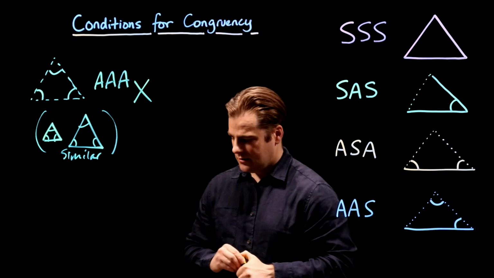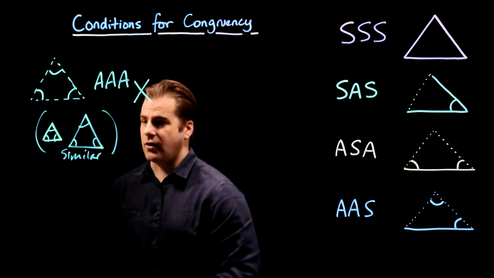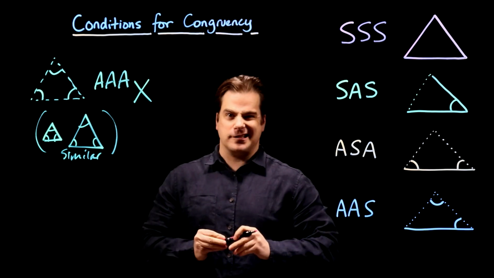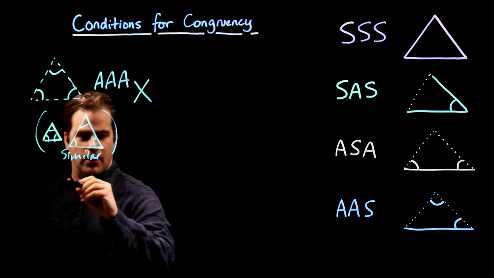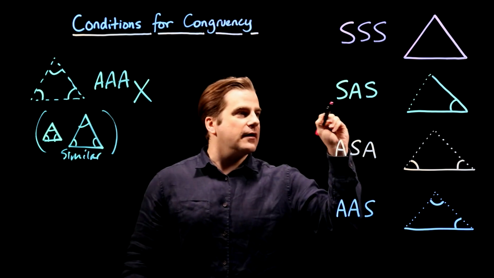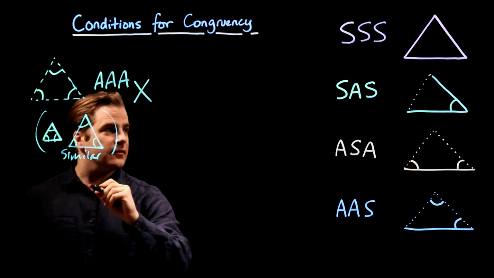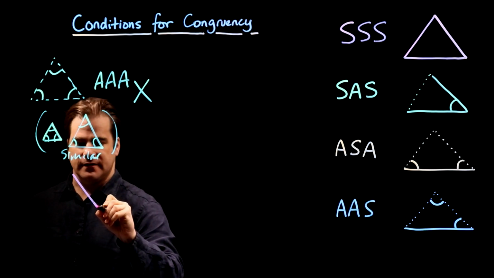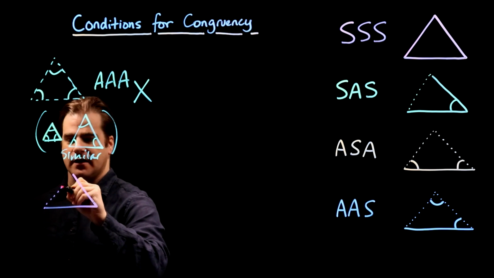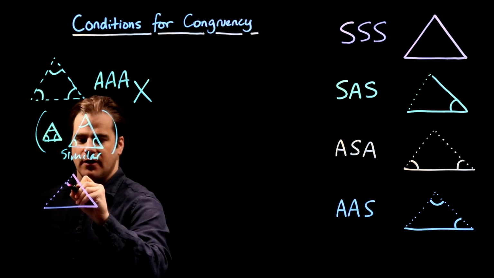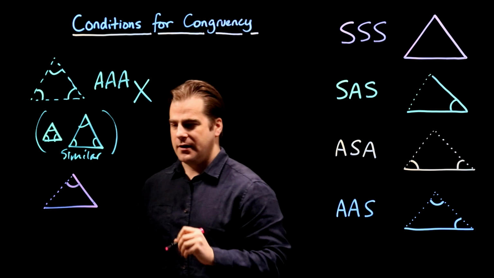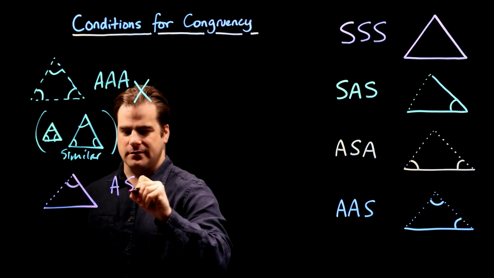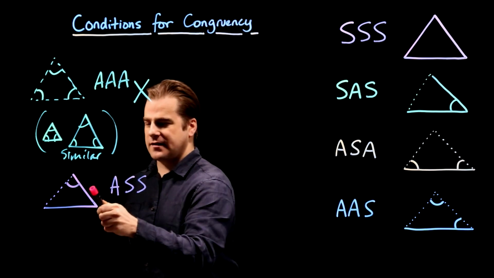And the other one that isn't enough for congruency is ASS. If you know angle side side, so that would be, you know 2 sides, you don't know this side, and you know that angle there, then that's ASS. Okay, angle side side.